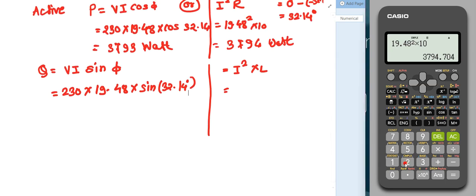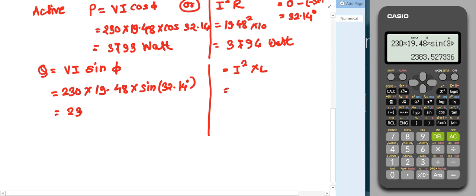Now let us calculate it. 230 into 19.48 into sine of 32.14, bracket complete, equal to. I'm getting 2383. If I want to calculate Q, what is the unit of Q? The unit of Q is Volt Ampere Reactive, VAR.